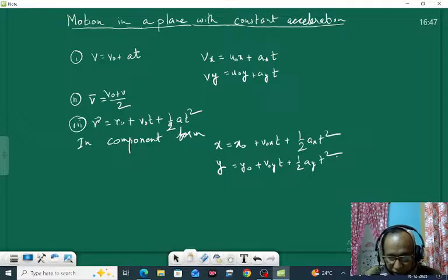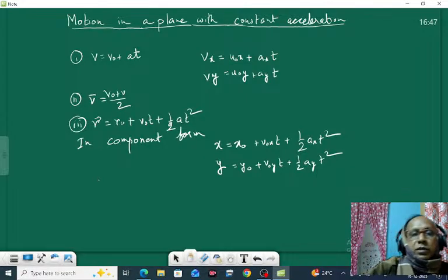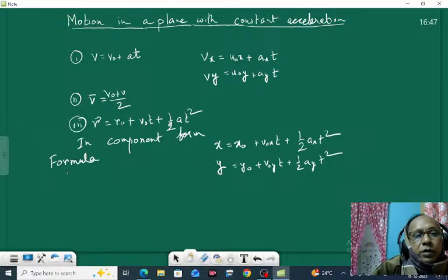The motion in a plane, two-dimensional, can also be treated as two separate simultaneous one-dimensional motions with constant acceleration along two perpendicular directions. So we have explained all the other things and the formulas also. We have to remember 4 formulas to know about motion in a plane. The first one is v is equal to u plus at.